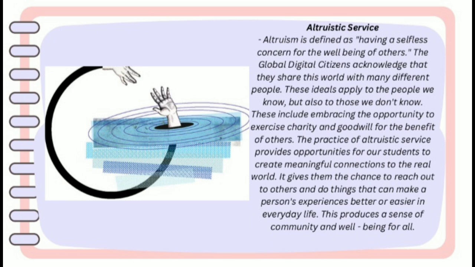So altruism is defined as selfless concern for the well-being of others. So it depicts one hand reaching out to help another hand that is submerged in rippling water. Meaning, it involves acting out of the desire to help, not from duty or expectation of reward.